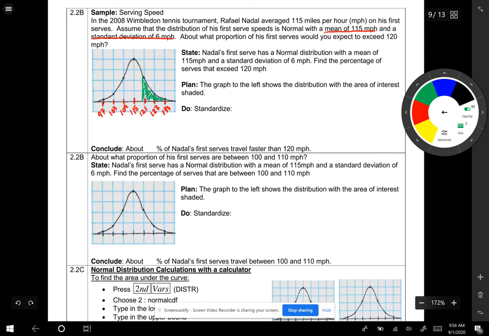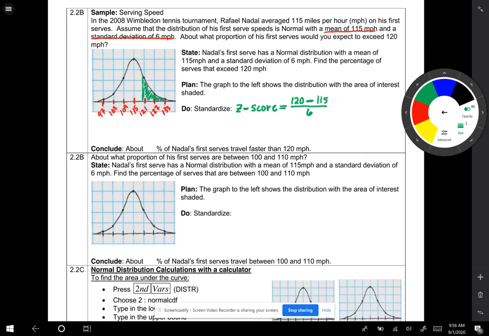So we want to use our z-score standardized formula because we need to standardize it. If you remember the formula from the first day of the chapter, the z-score is equal to the value, and the value in question is 120 miles per hour, minus the mean, and the mean was 115, divided by the standard deviation. The standard deviation is 6.